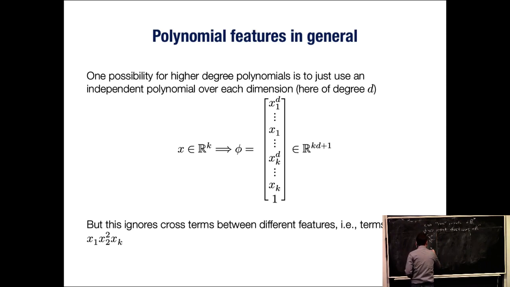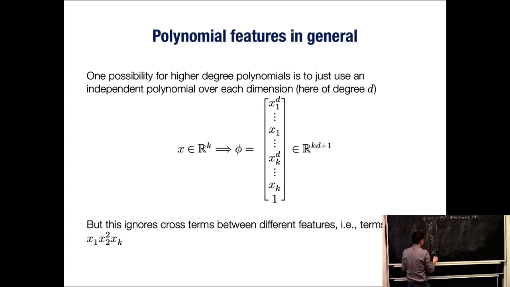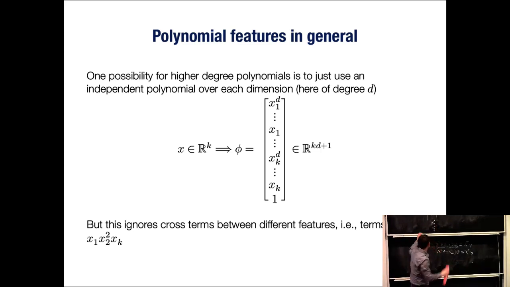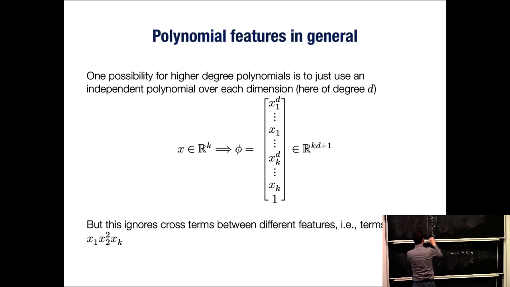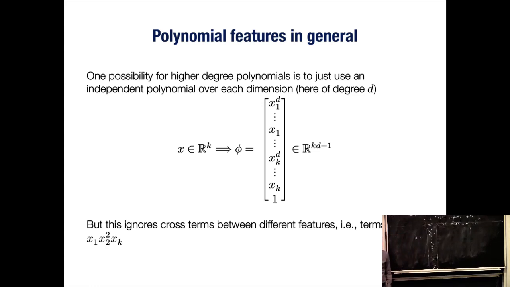Then I do x2, similarly, x2 to the d, x2 to the d minus 1. And I keep doing this until I get to my xk to the d, and then xk to the d minus 1. I realize that's very poorly written there. xk to the d, down to xk, and then finally a 1 at the very bottom. So that could be my great big feature vector that I construct of all polynomials.